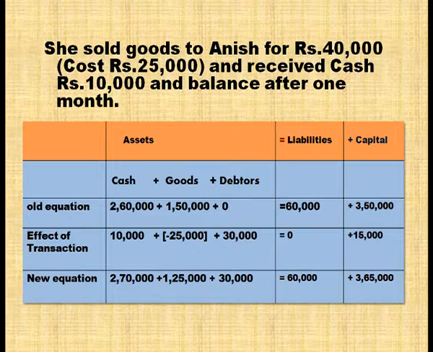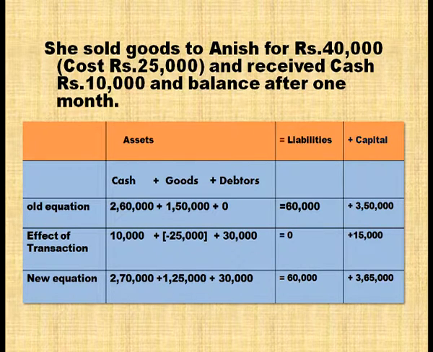So, add 10,000 in the cash column. Remaining goods are sold on credit because balance will be received after 1 month. So, debtors are increasing to rupees 30,000. Out of 40,000, 10,000 is received in the form of cash and 30,000 on credit. That is why 30,000 is shown in the debtors column.